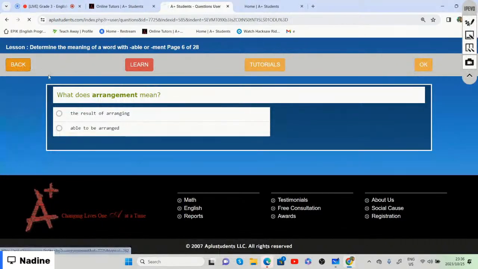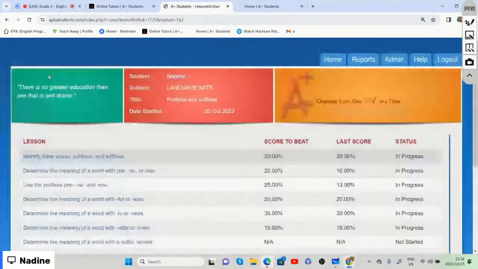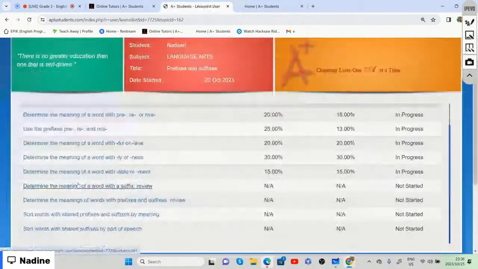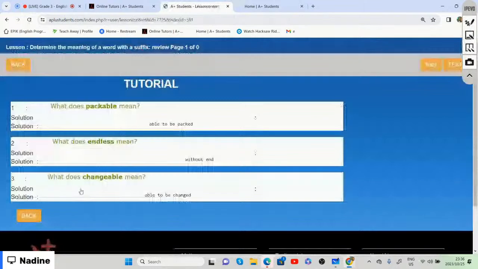All right, so now we're going on to the next one, which is to determine the meaning of a word with a suffix, right? And if we look at the word packageable, right? In our previous lesson, we did less and ness, which is N-E-S-S, as well as L-E-S-S.